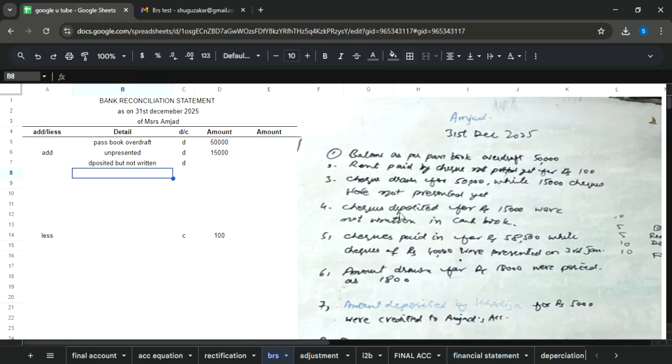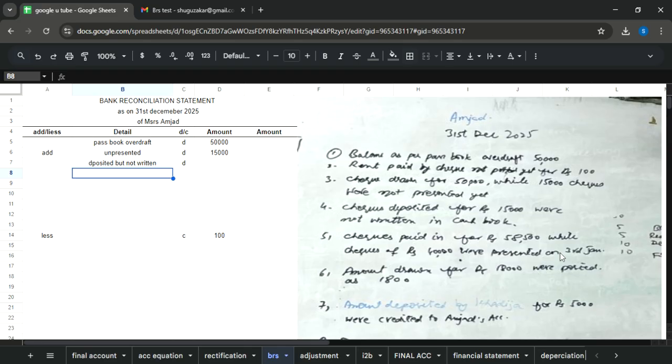Alright. Now the fifth entry, checks paid in. There is no difference between deposited and paid in. For checks paid in, we usually search for uncredited checks. Okay, now see, checks paid in for rupees 58,500 while checks of rupees 40,000 were presented on 3rd January. Checks paid in are deposited checks, and if they are not cashed, they are uncredited or uncashed checks.